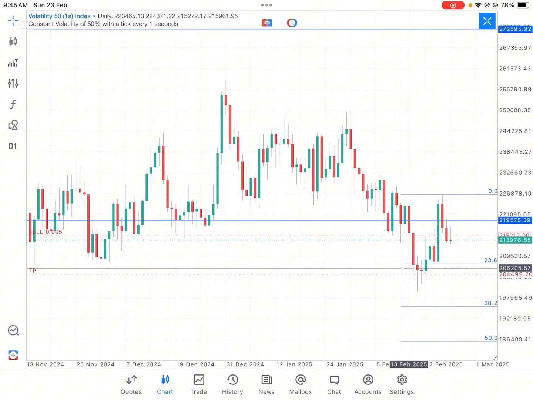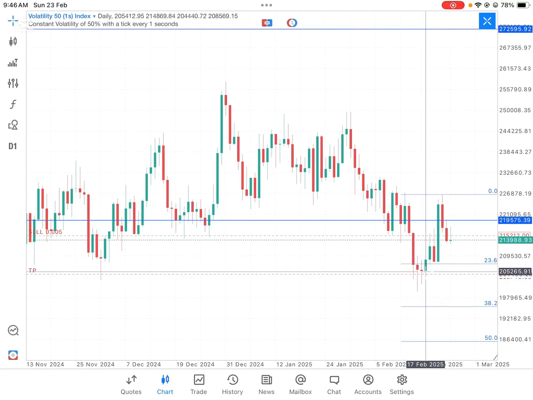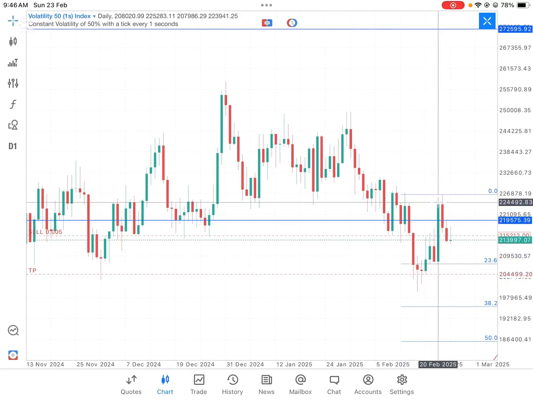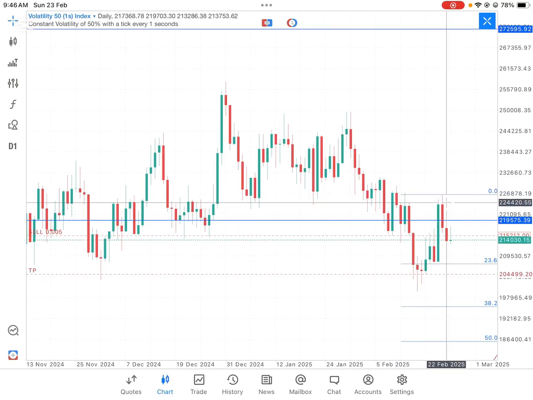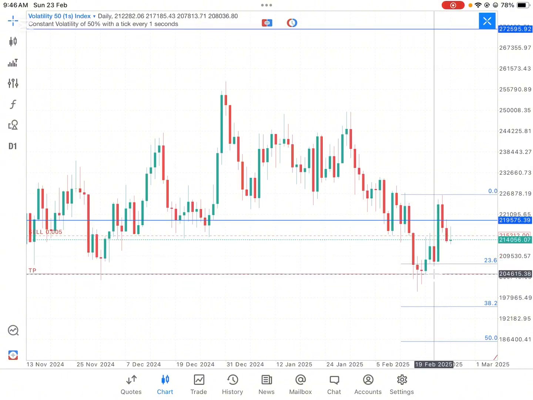We break it, and now we had a retest back to this Fibonacci 0.0 level. So now we are taking back the sell down. We are expecting this sell to continue down back to this liquidity area.